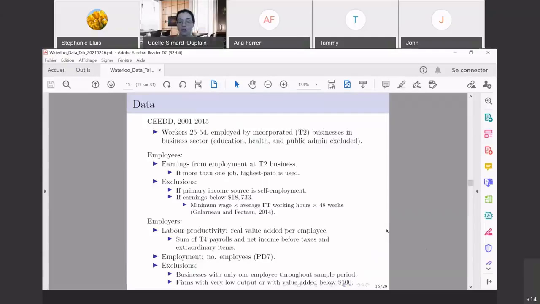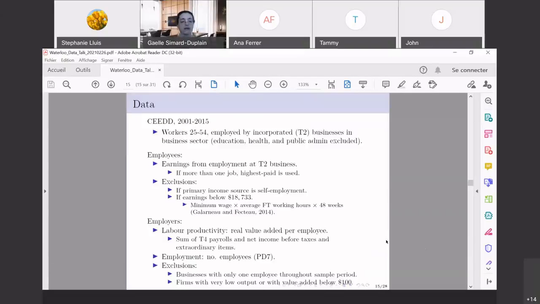So we're going to try and apply an earnings threshold of roughly $18,000, which is equal to full-time, full-year employment at minimum wage. And so we're going to try and get rid as much as possible of people that work only part-time. This is a very imperfect way to go about this, but I'll try and convince you that it doesn't affect the nature of our results.